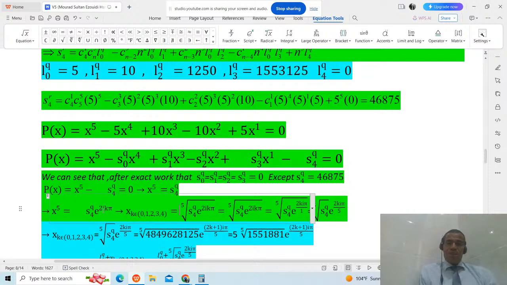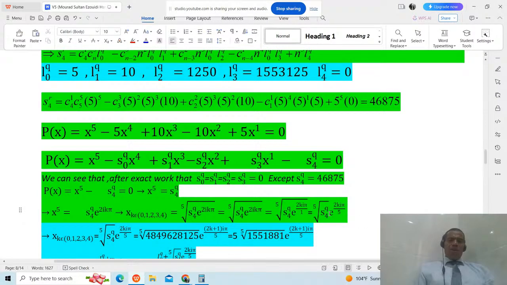This is always 1. Therefore, in order to find xk from 0 to 4, you should take the fifth root of this value, S4 over 42 times e^(2kπi). Then I should divide by 5.